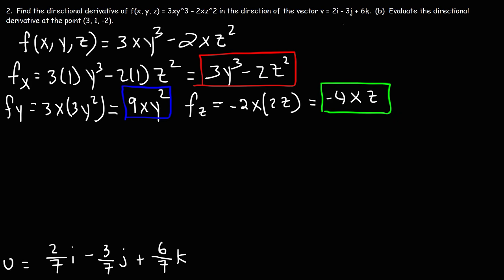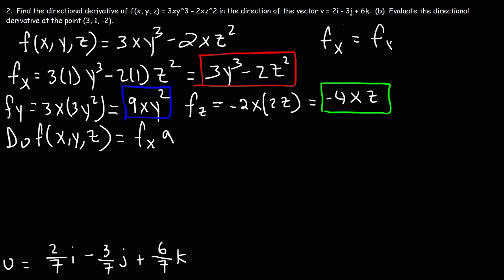So now we can plug everything into the formula. The directional derivative of the function f with three variables is going to be the partial derivative of f with respect to x times a. Keep in mind, this is equal to f sub x with these three variables, but I chose to write just fx because it's a lot less to write, and I'm going to run out of space.